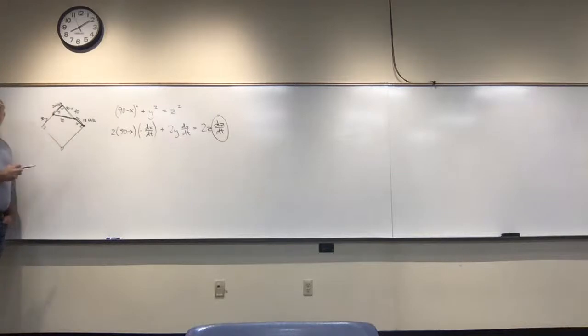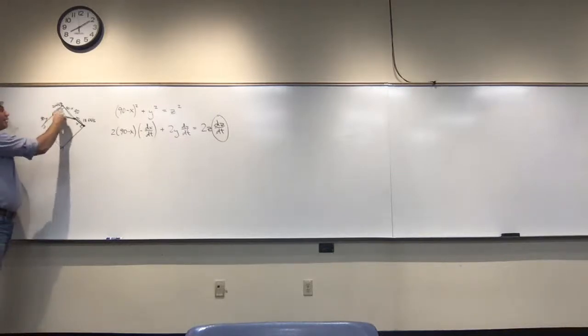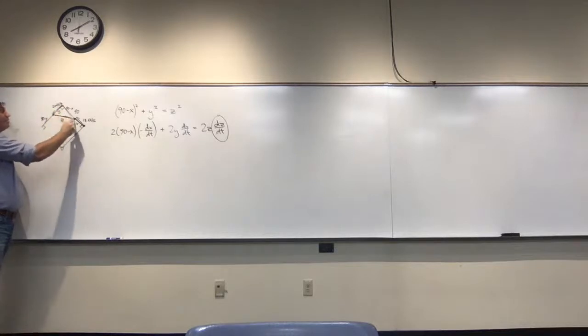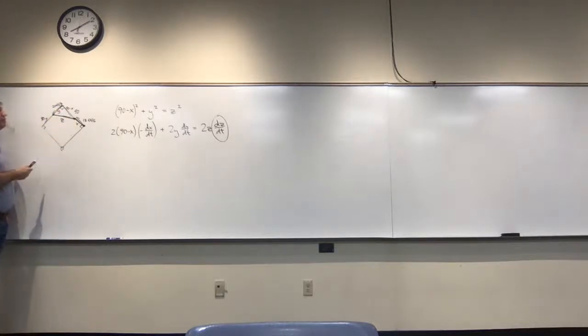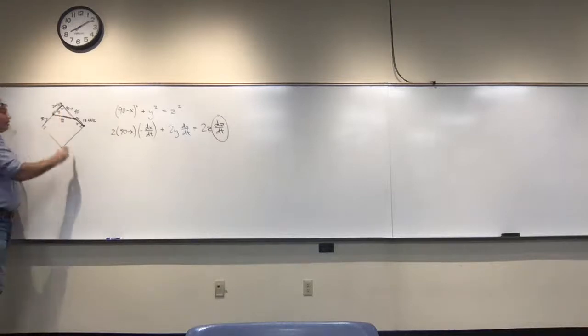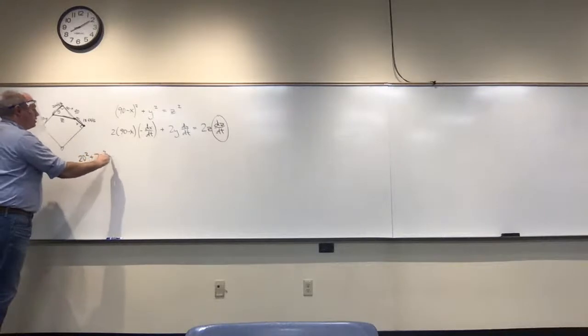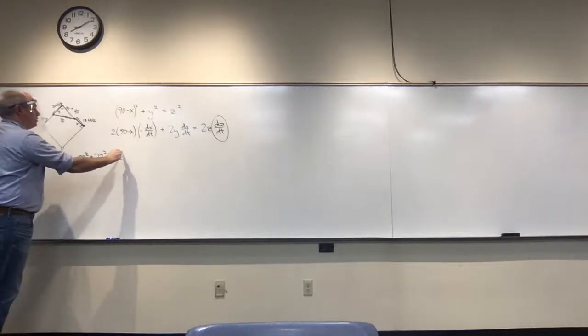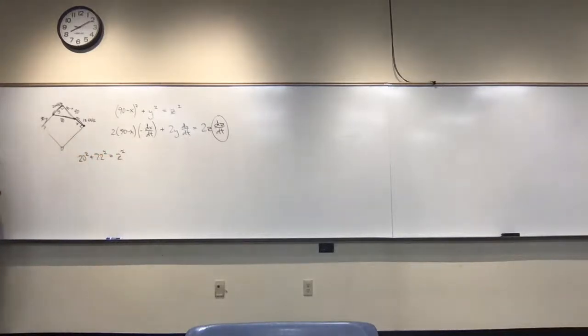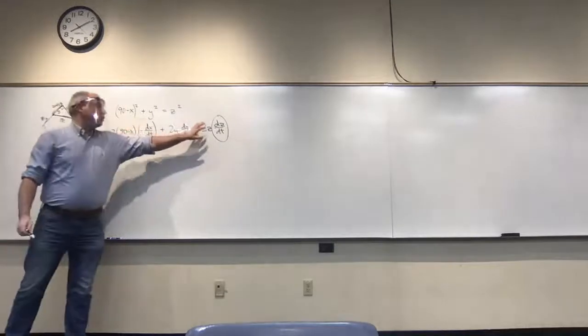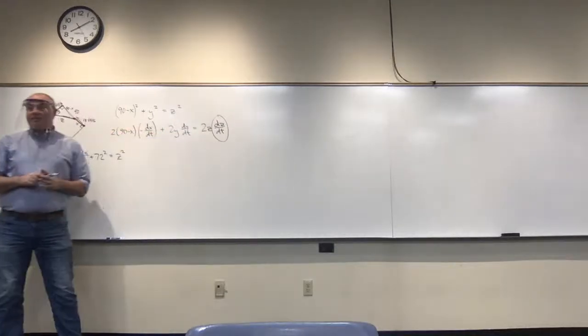And you know some sides of it. You know that this side is 20 after 1 second. What's this side? That's 72. Yeah, 72. And so 20 squared plus 72 squared should equal z squared, right? So you can solve for z, plug it in for z, and then you just have all numbers and you can solve for dz/dt.